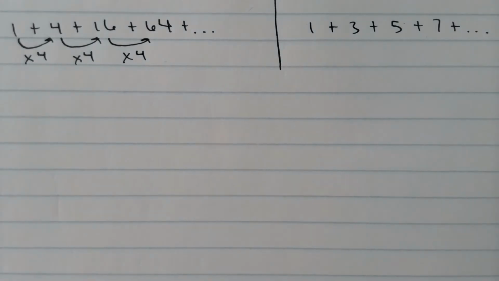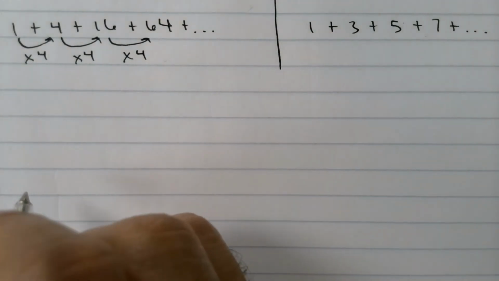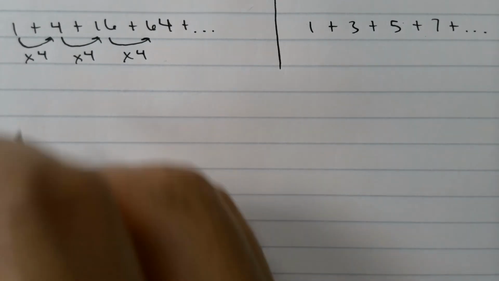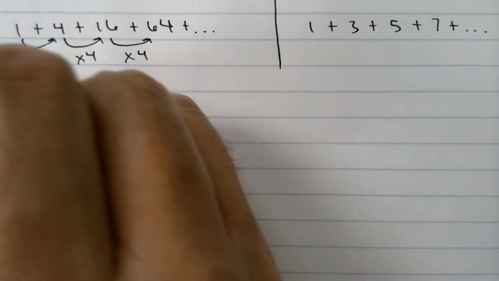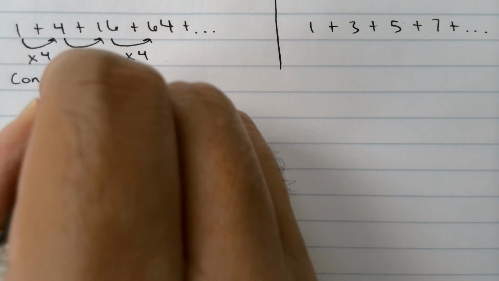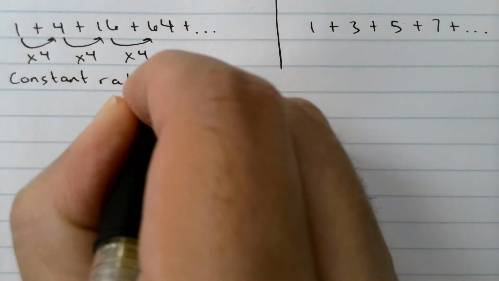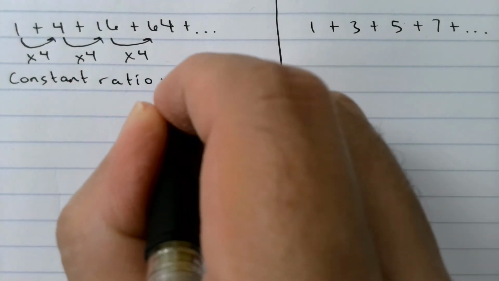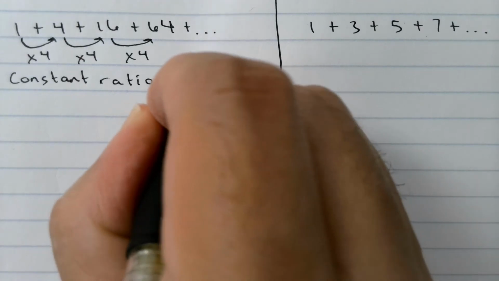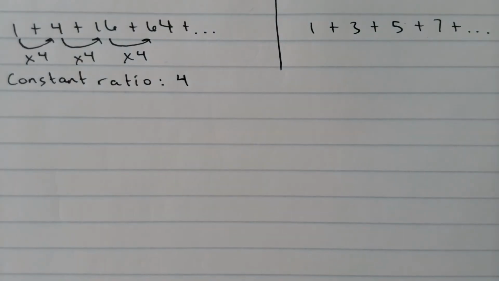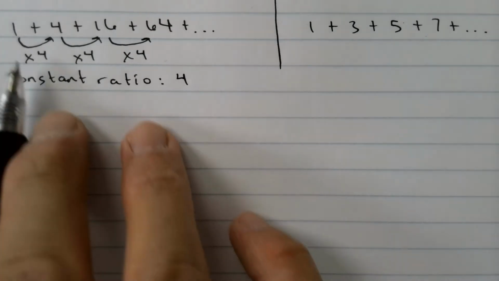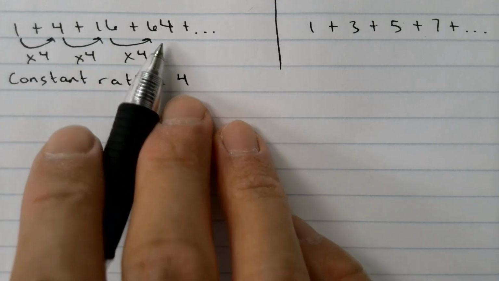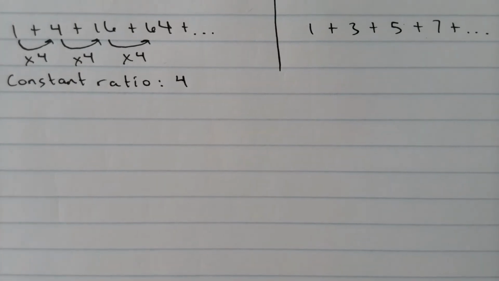So this is what we call a geometric series, where it has a common or a constant ratio, which is the value, in this case, 4. Now there's going to be different constant ratios for different series, but you need to be able to tell as it goes up, is it by a common difference or by a common ratio or a constant ratio?